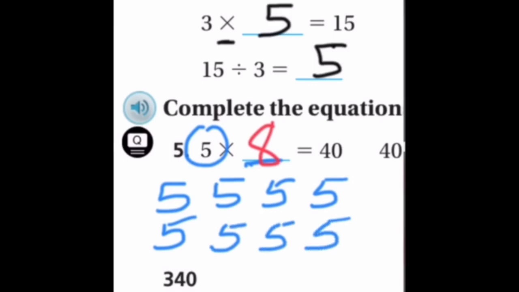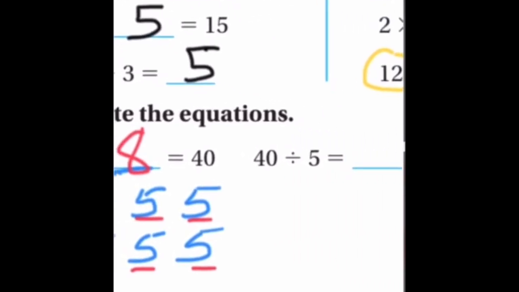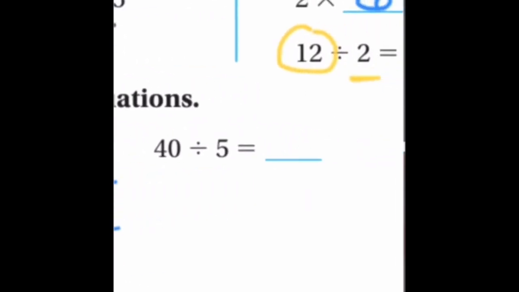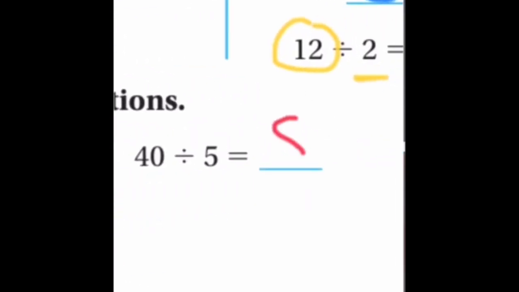So I don't have to make tally marks, and I don't have to draw the circles. I can just write down 5 and skip count. How many times did I do that? 1, 2, 3, 4, 5, 6, 7, 8. 5 times 8 is 40. So if 5 times 8 is 40, 40 divided by 5, well, that has to equal 8.